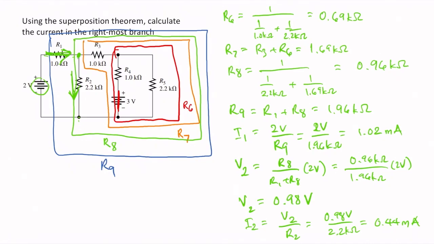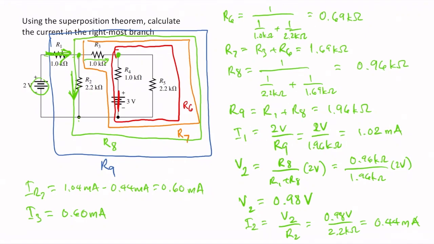So the current through R7 is 1.04 milliamperes minus 0.44 milliamperes. So that's 0.60 milliamperes. And that's also the current going through R3 just before it's separated across that junction. So that means that the current through I3 is 0.60 milliamperes.